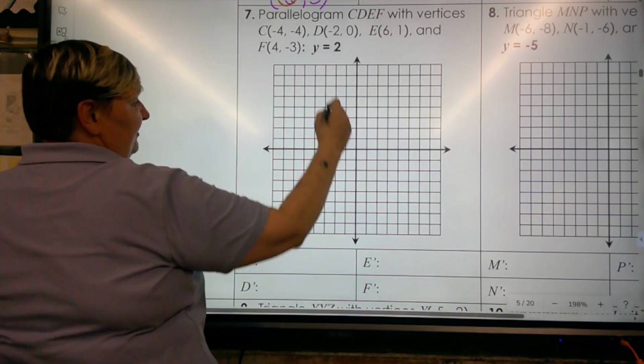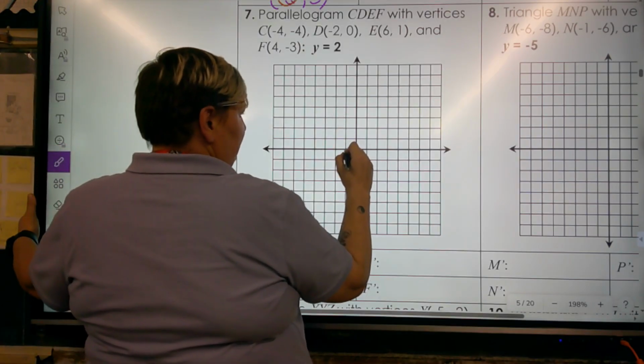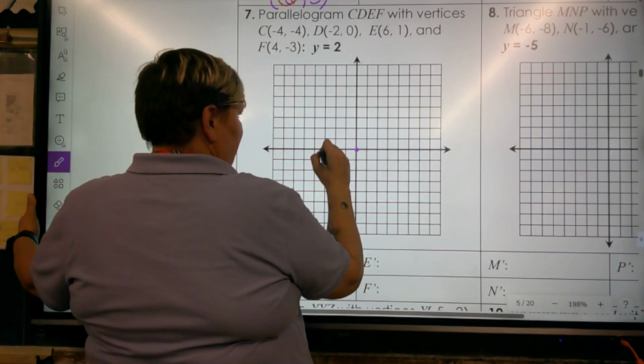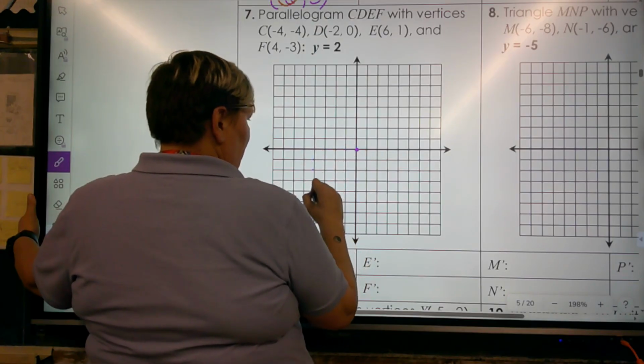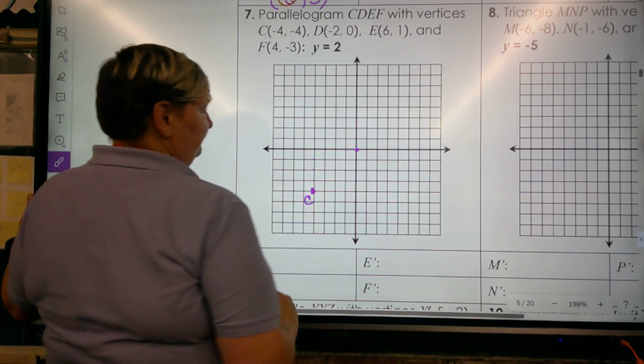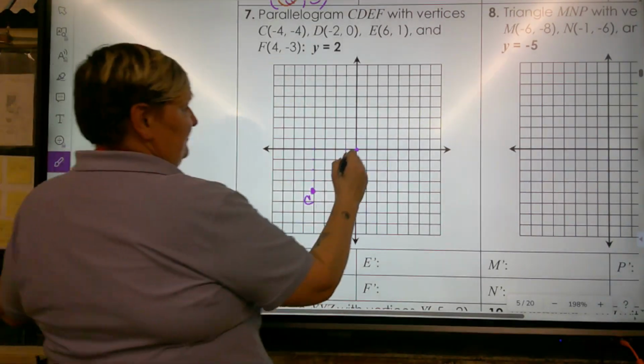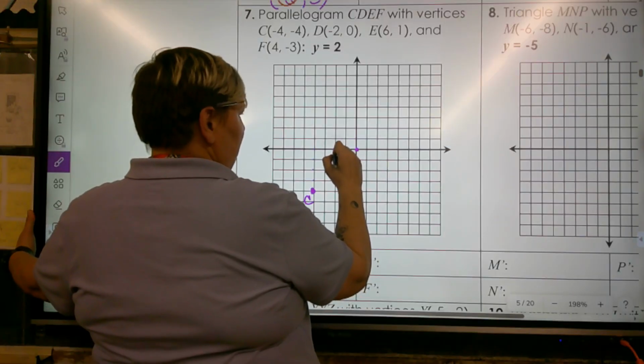C is -4, -4. So origin, 1, 2, 3, 4, 1, 2, 3, 4, and this is C. And then D is -2, 0.